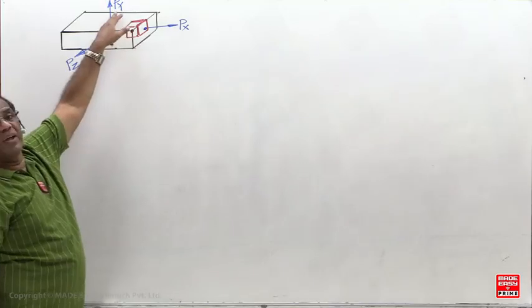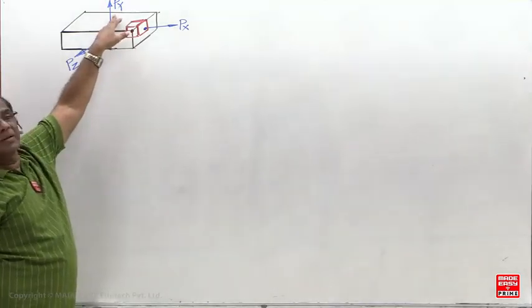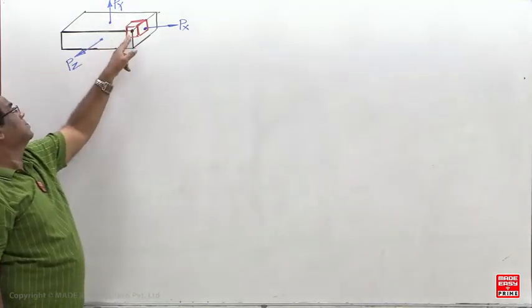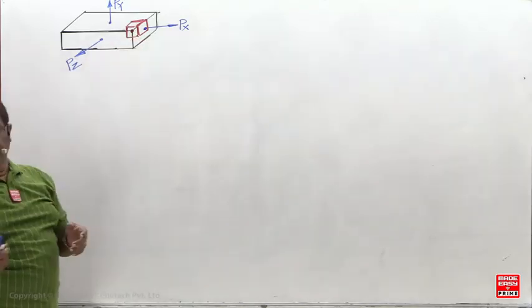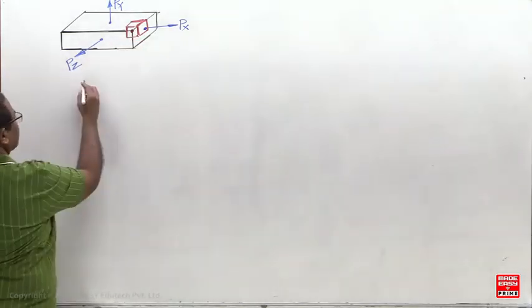Next, when this point is on the y face, due to Py you get sigma y. And when this point is on the z face, due to Pz you get sigma z. So it is the triaxial state of stress.